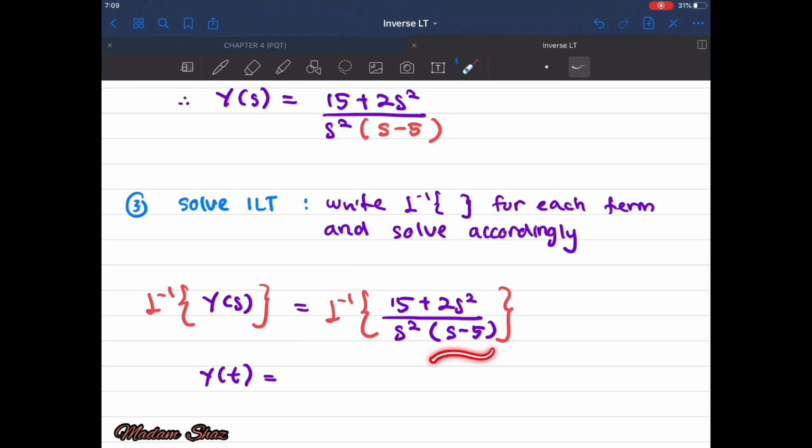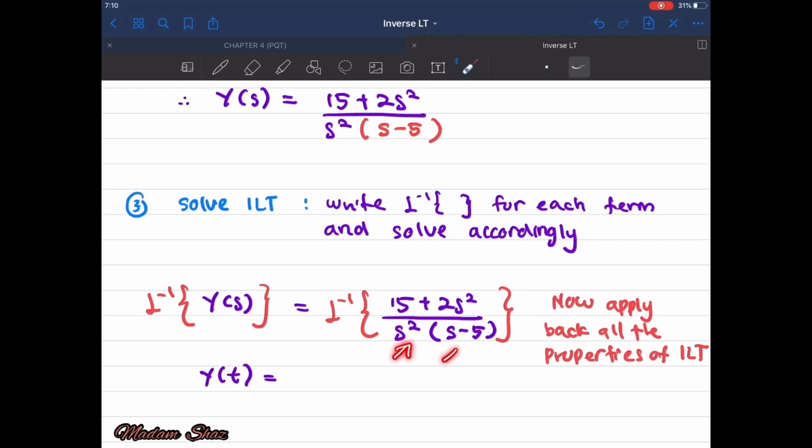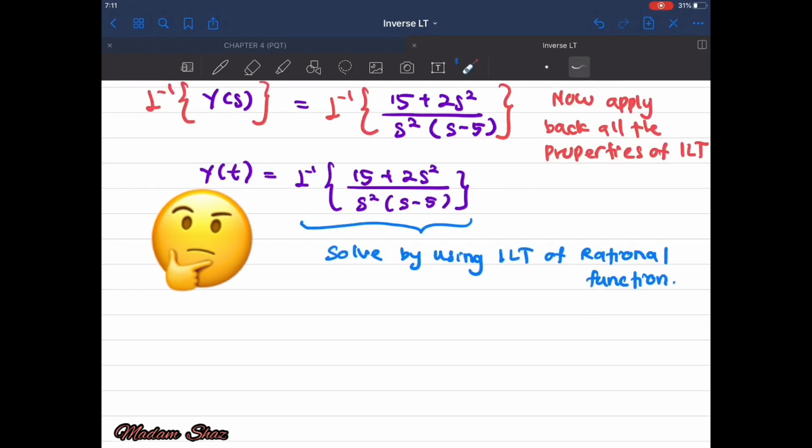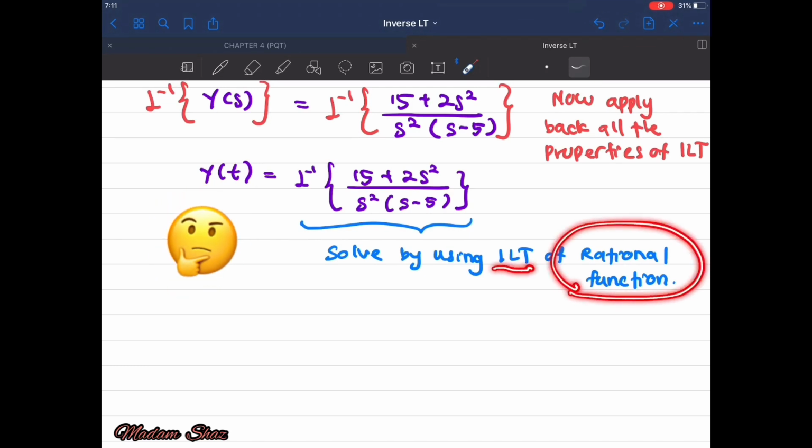So on the right hand side here, we need to solve inverse Laplace transform, which means that you have to apply back everything that you have learned for the properties of the inverse Laplace transform. If we have something multiplied by something at the denominator, it means that we have to solve the inverse Laplace transform by using rational function. Recall the step to solve inverse Laplace transform of a rational function.